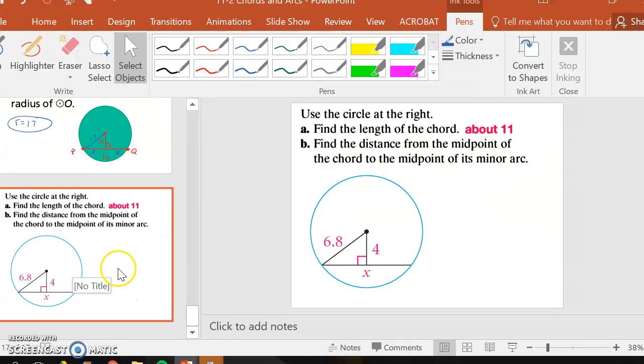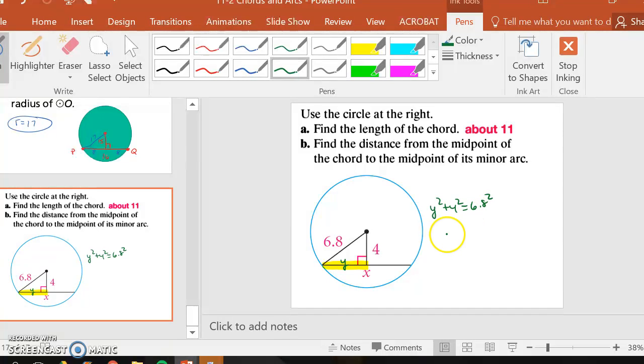Now I'm going to be running out of time here. But if I'm going to find the length of the chord in this problem, what you guys have to know is you have to find the length of this segment here using Pythagorean theorem. So I'm going to call this y. y squared plus 4 squared equals 6.8 squared.